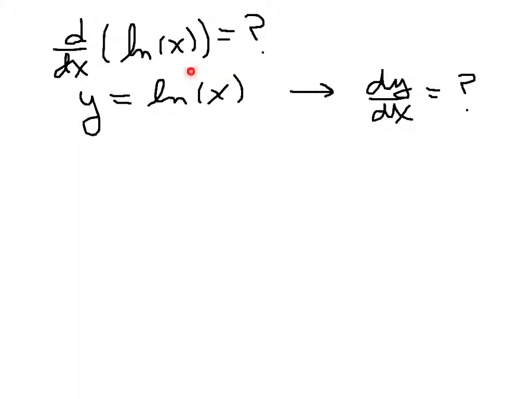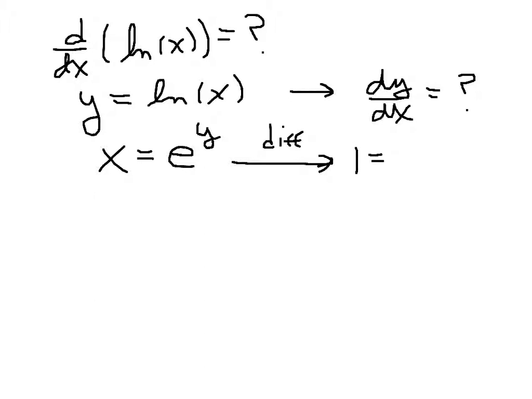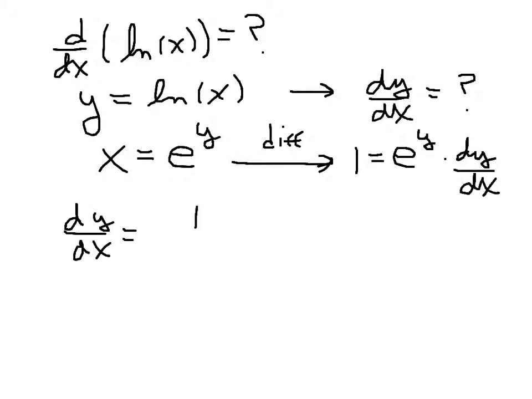We take the statement that y is equal to ln of x, and we write it as its inverse relationship, which is x is equal to e to the y. And all we do now is differentiate, and we get 1 is equal to, using our rules here, e to the y times dy dx. So we were looking for dy dx, so dy dx is equal to 1 over e to the y.